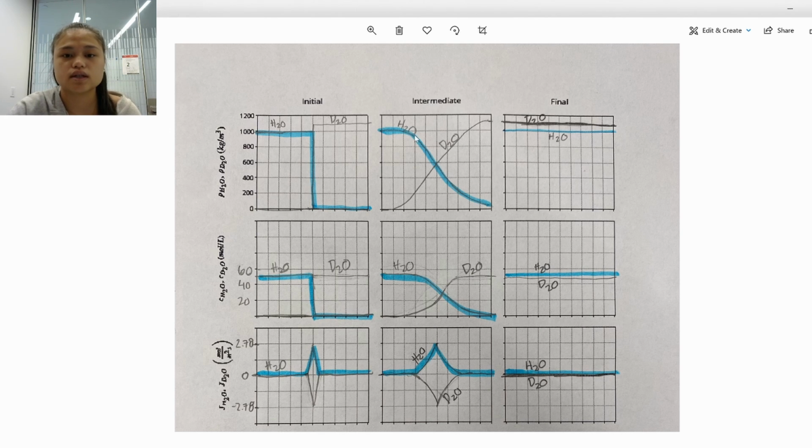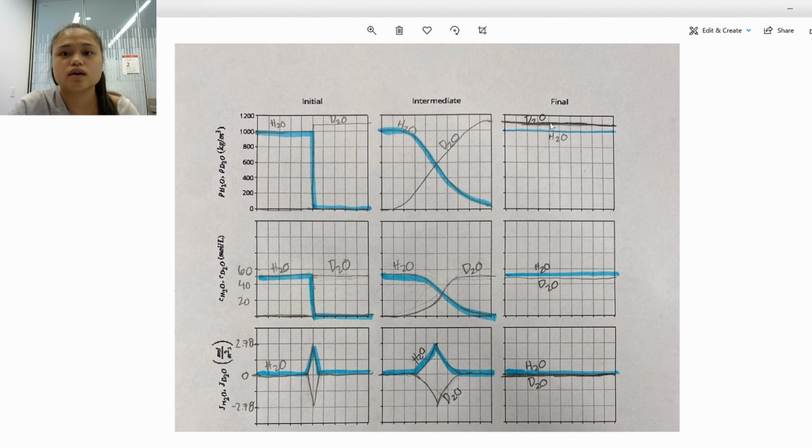That's why you see a less steep concentration gradient, and you can see that it doesn't just go immediately from pure H2O to no H2O on the right side of that capillary. And same for the D2O moving in the negative z direction, you don't see that immediate change from 1,110 to 0 mass concentration.